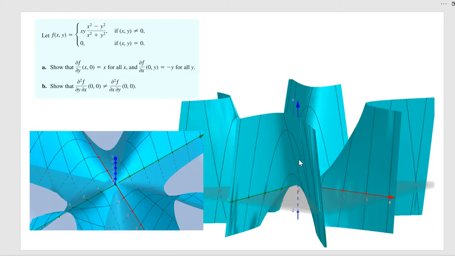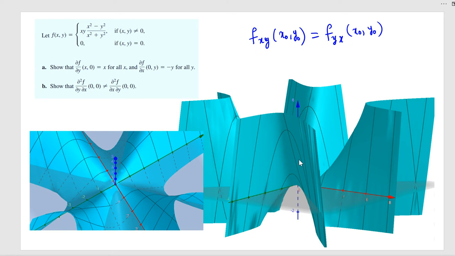Now, the question remains whether fxy at x naught y naught is equal to fyx. These are called mixed partial derivatives, because we are differentiating with respect to x and y, one after another.